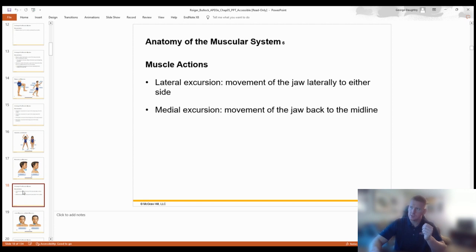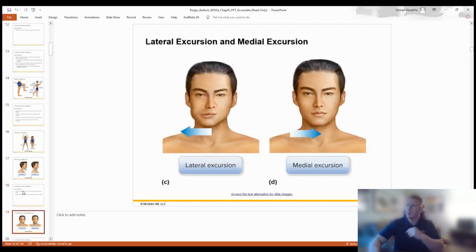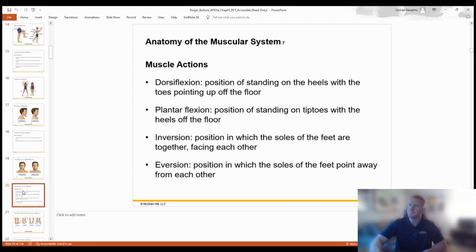And then we have medial excursion, which is movement of the jaw back to the midline. So if we've performed lateral excursion, that movement back to our original position would be considered medial excursion. Look at the difference between the two. These things are good to know. Again, kind of an awkward picture, but with lateral excursion, we've moved the jaw to one side or the other, and that movement back to the original position would be medial.